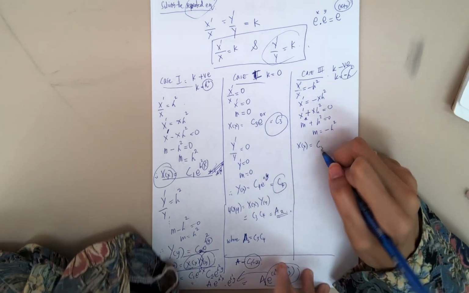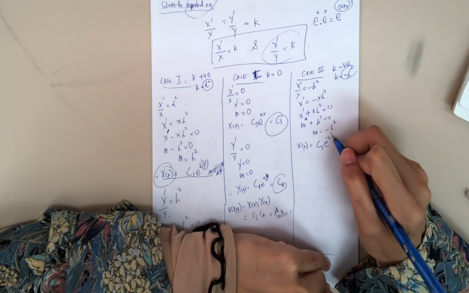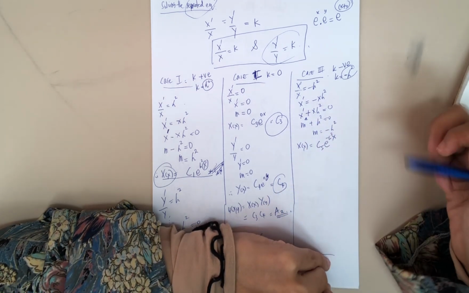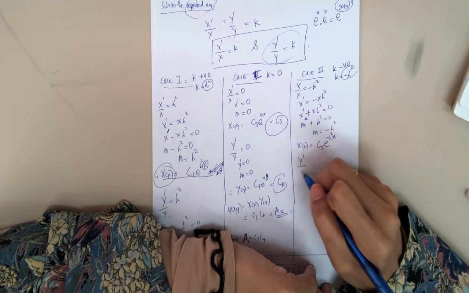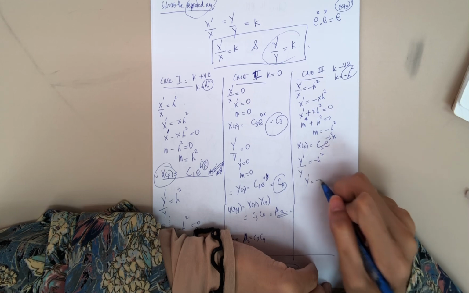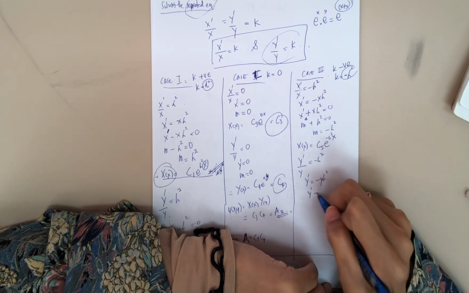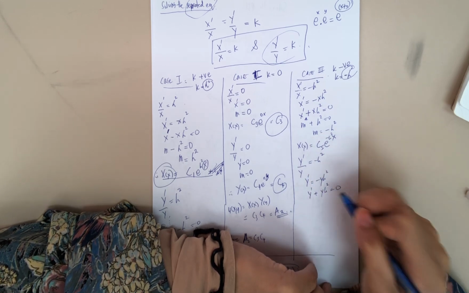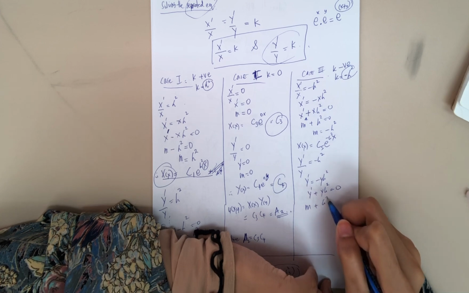c5 e power negative lambda square x. Then you do the same thing for the y equation. So m plus lambda square equal to 0.